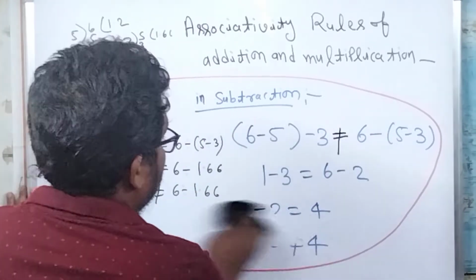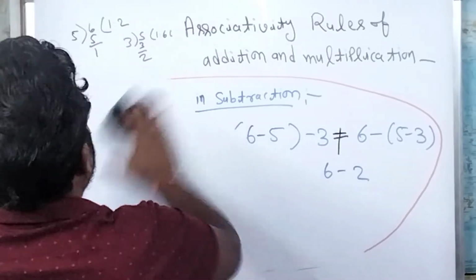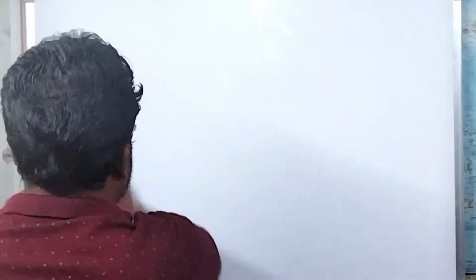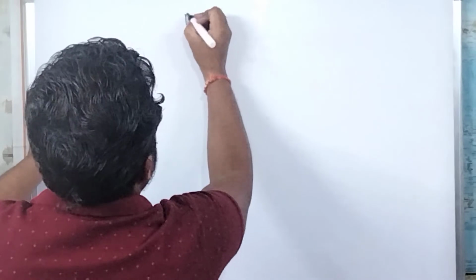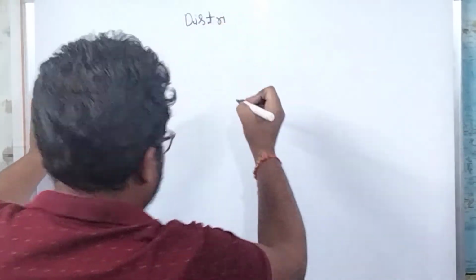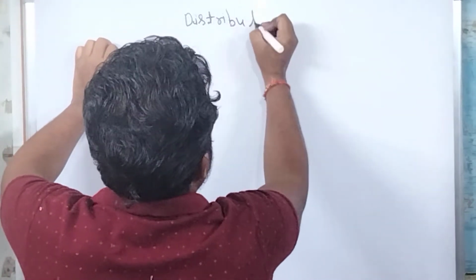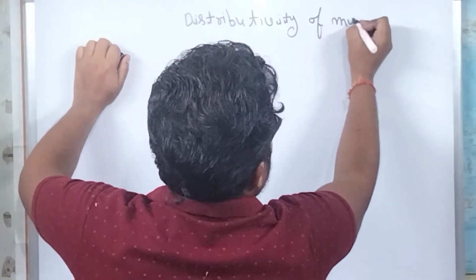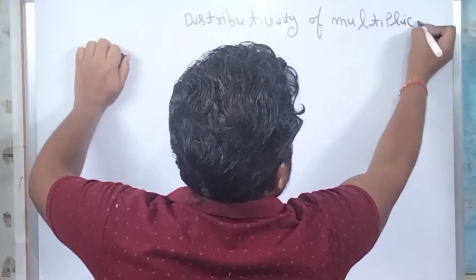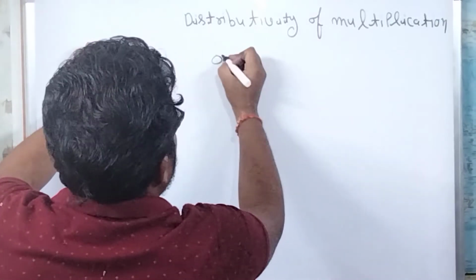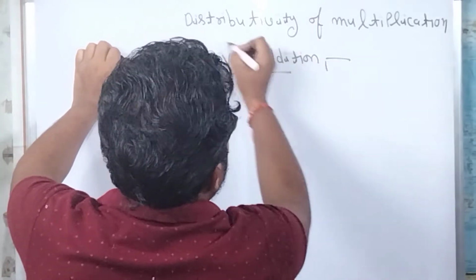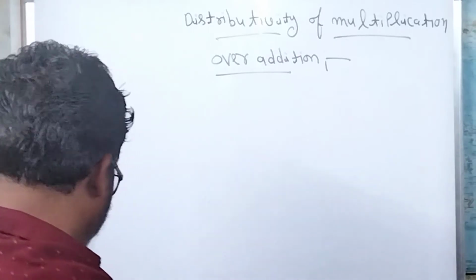Friends, the next rule is the distributive rule. The next rule we discuss is distributivity of multiplication over addition.